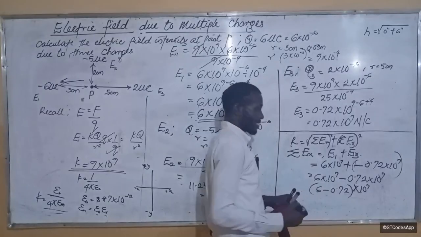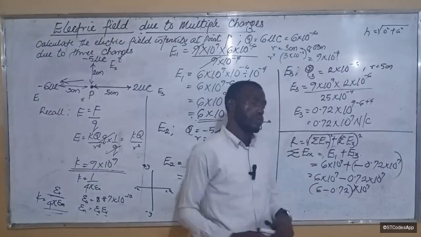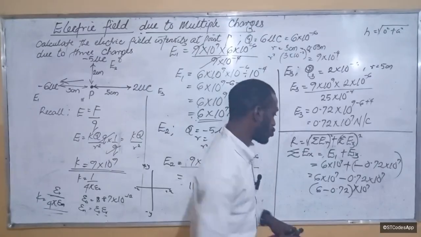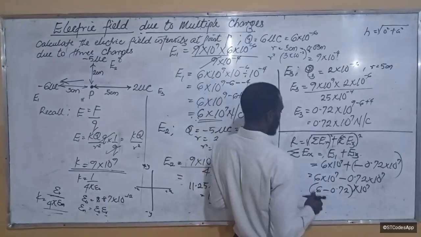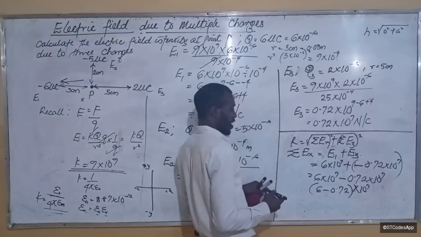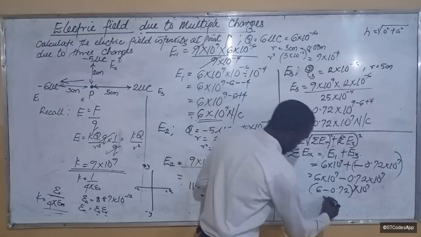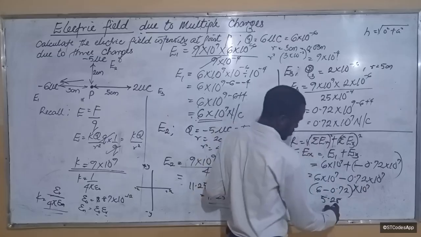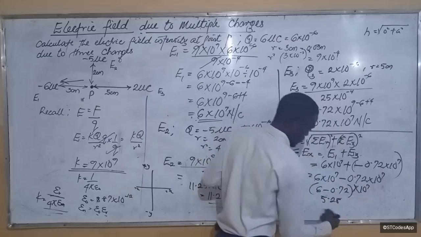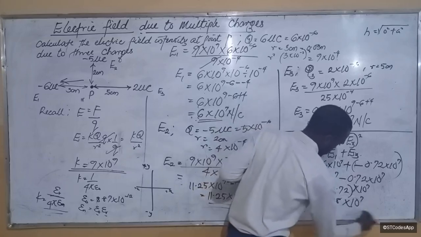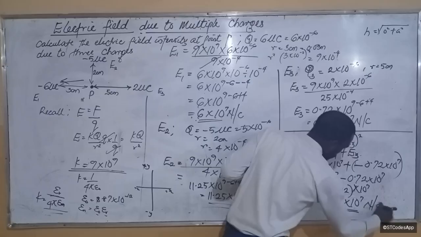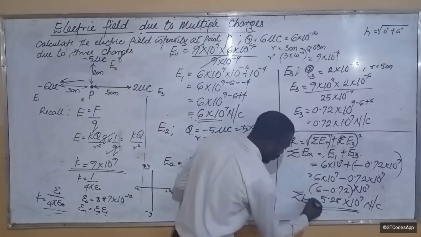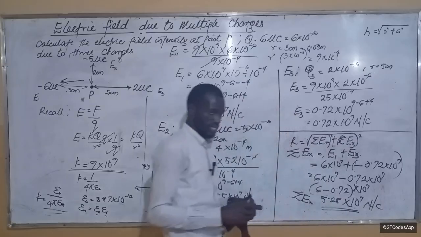So by the time you subtract this, you are going to have 5.28 times 10 to the power 7 Newton per coulomb. So this is the summation of electric fields on the x-axis.